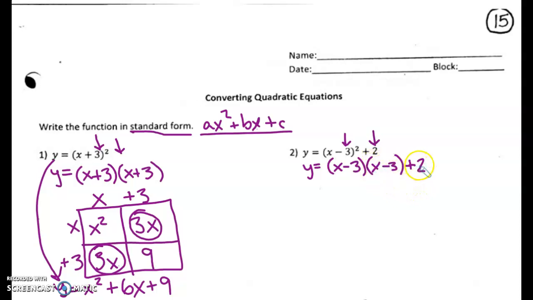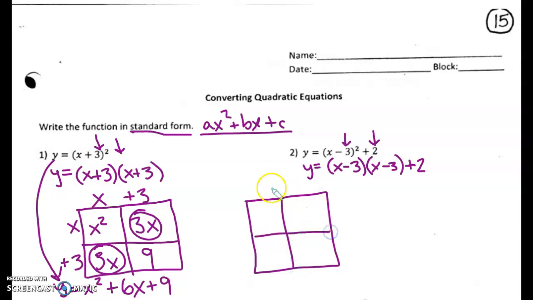So I can't add the 2 to this negative 3 because of these parentheses. So I need to multiply this out first and then add the 2. So let's go ahead and multiply this out. I'm going to come out here to the side and draw a box. So I've got x minus 3 and x minus 3.